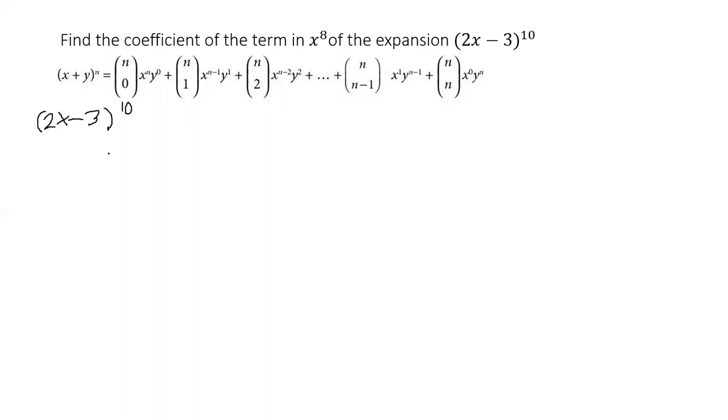If you're going to find the coefficient of x to the power 8, we have to calculate combination 10 taken 2, times 2x to the power 8. Why 8? Because 10 minus 2. And negative 3 squared.